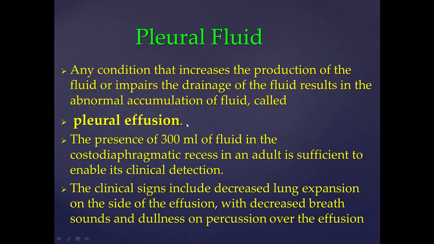When there is presence of about 300 ml of fluid in the costodiaphragmatic recess in an adult, it is sufficient to enable its clinical detection. The clinical signs include decreased lung expansion on the side of the effusion. The breath sounds would be decreased, and when we percuss, there would be dullness on percussion over the effusion.